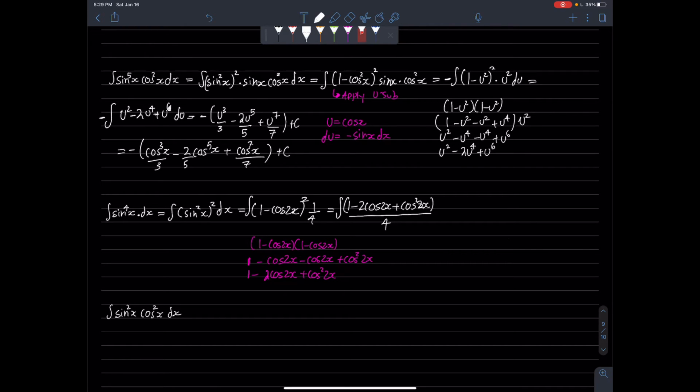So what do you do now? Well, the first part is easy. You can integrate this easily, but you have a problem with cos squared 2x. What is cos squared 2x equal to?